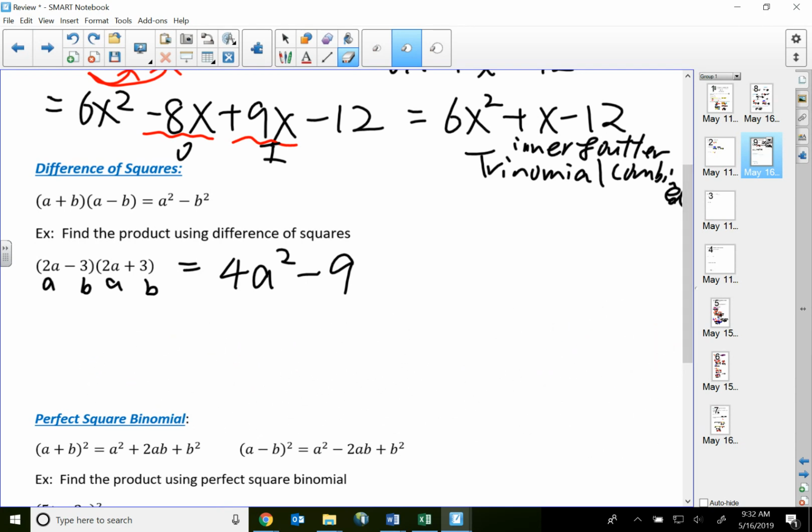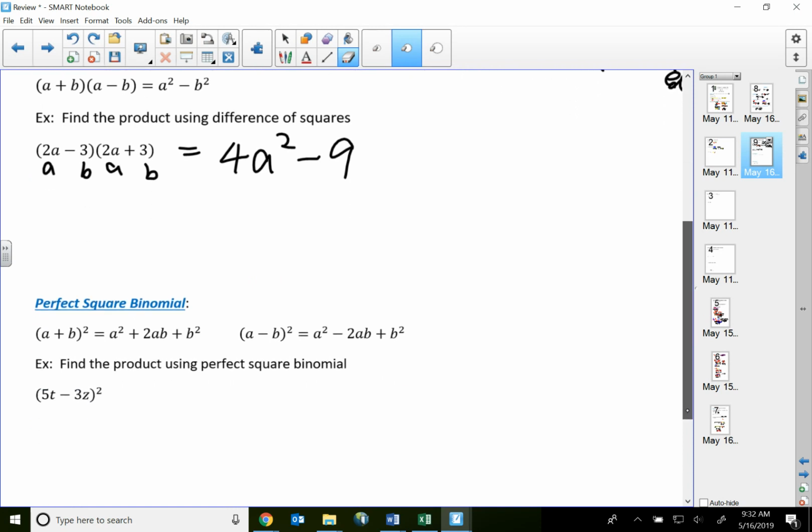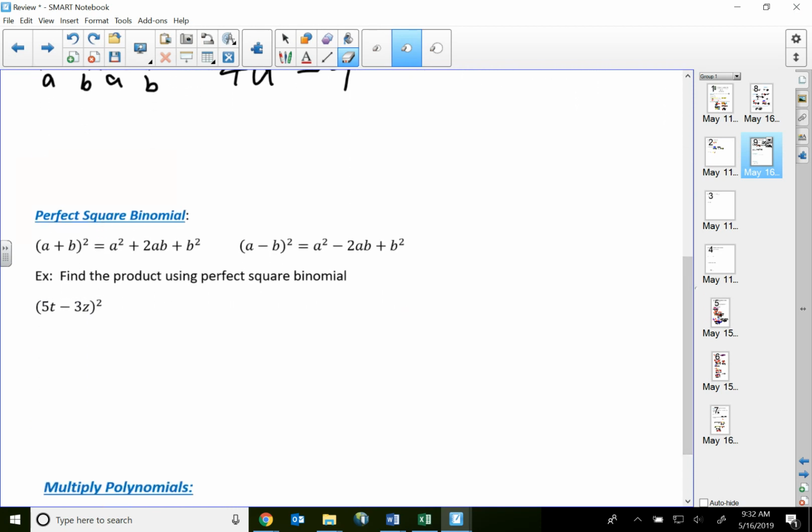Now, another good one here for the special products is called the perfect square binomial. Some people call it the perfect square trinomial and such. Basically, what we have here is a plus b, the whole thing squared. So this right now has two terms, the whole thing being squared.